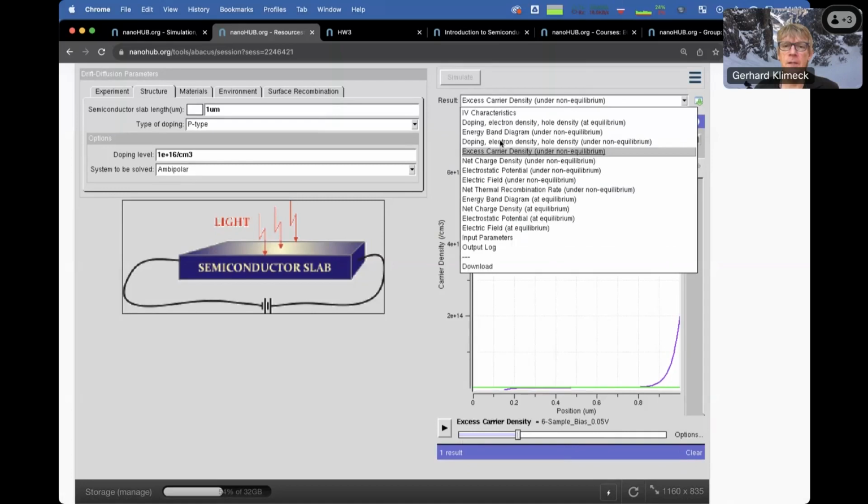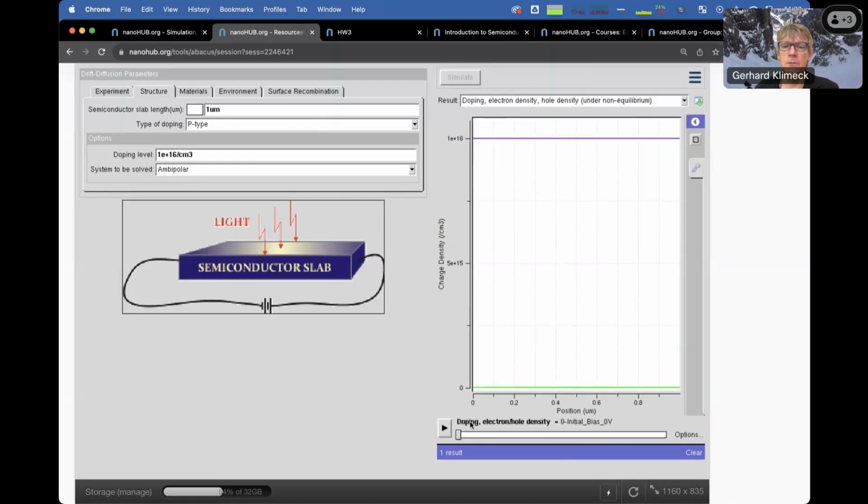Let me look at the absolute doping. So here you have high hole doping, very few electrons. So it's all dominated by the holes. So yes, you can look at the absolute carrier distributions as well, is the short answer.